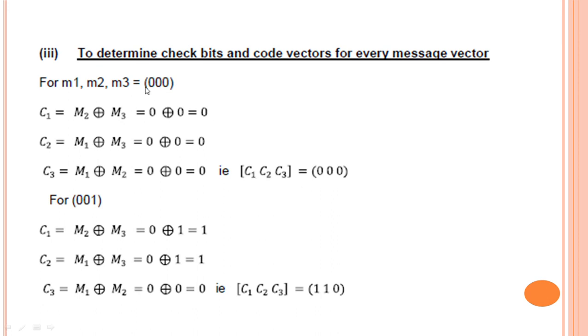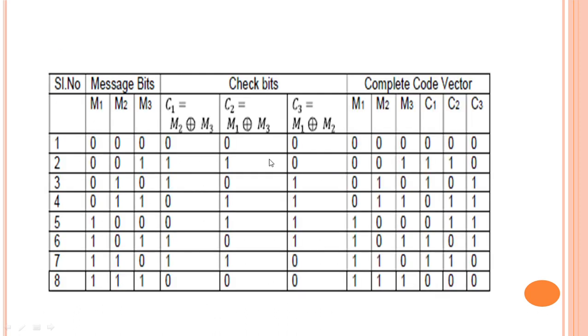So the message bits followed by the check bits will generate the code vector. Similarly, in the second example, for the message bits 001, we got the check bits as 110. Likewise, we are going to generate the check bits for the 8 message vectors as shown in the table. For the first one, 000, we got the check bits 000, and for 001, 110.